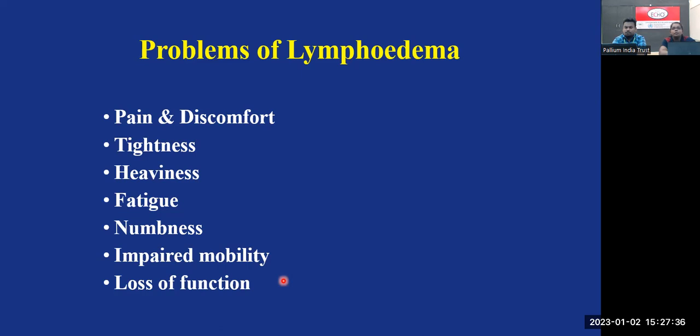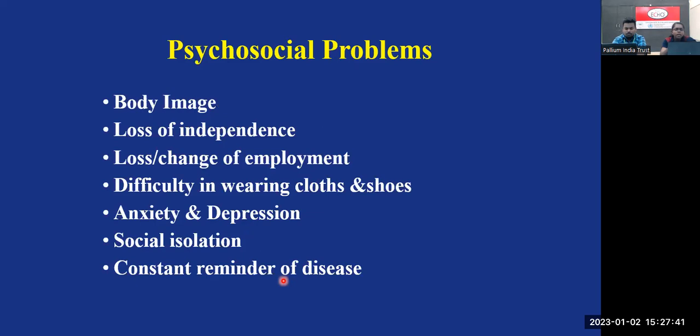She needs help. So there is loss of independence, changes in body image, sometimes change of employment. She or he is not able to continue the same job because of the disease condition. There is difficulty in wearing clothes and shoes.